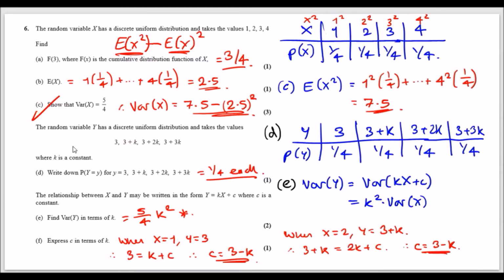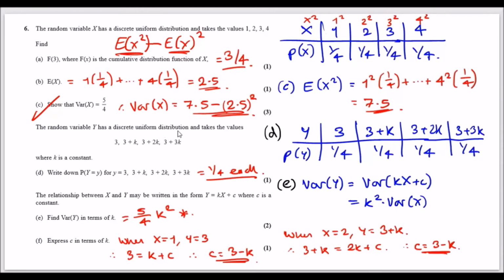The random variable y has a discrete uniform distribution. Like the first statement, it means all these values have equal probability. So where k is a constant, write down the probability of y for y being 3, 3 plus k, and so on.